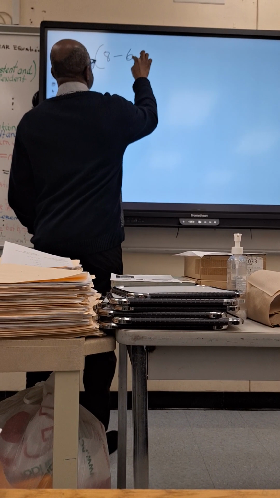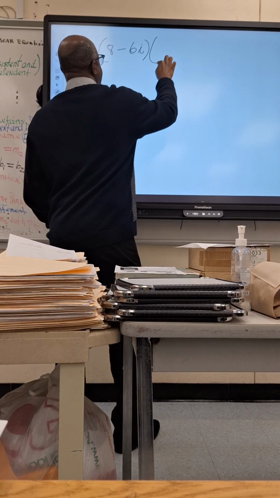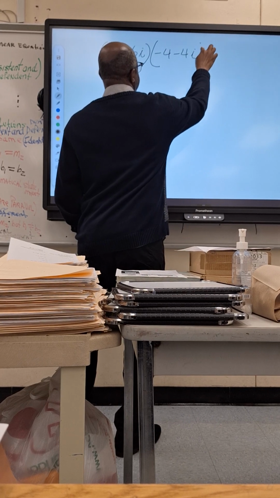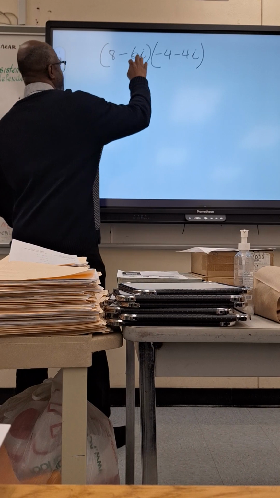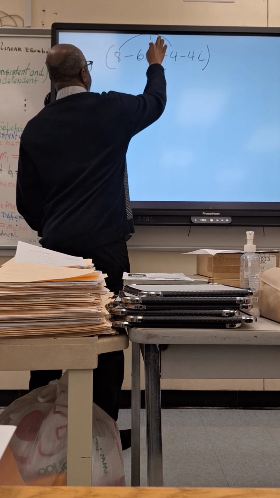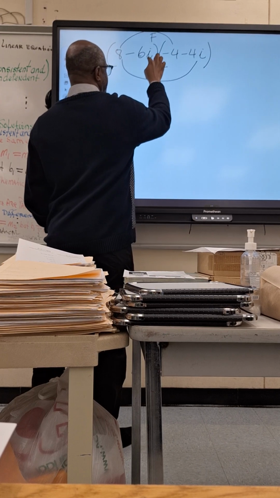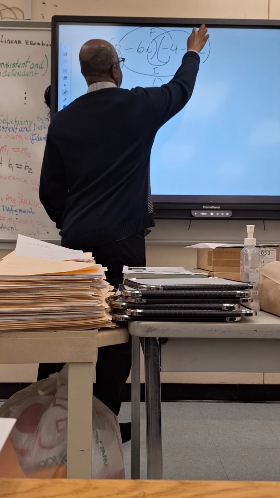Now the next problem: 8 minus 6i times -4 minus 4i. Alright, once again, we're using the same concept. That will be your first, your outer, your inner, and your last.